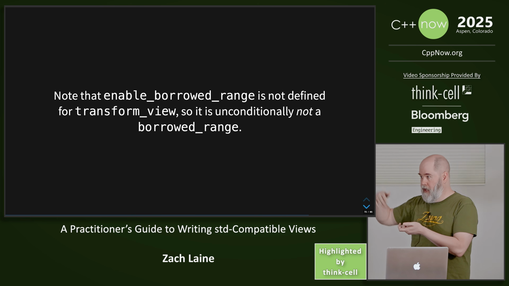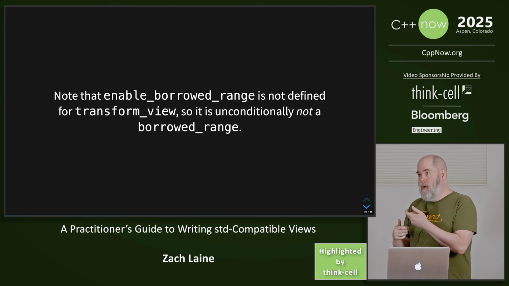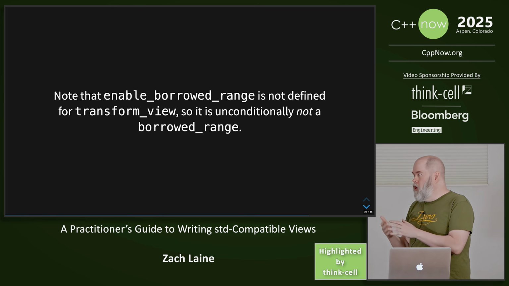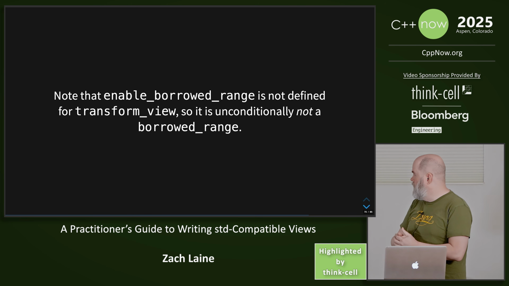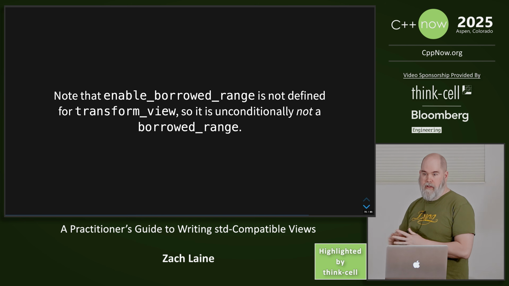And so you're in UB land, okay? So there's no good reason why it couldn't actually be turned into a borrowed range for some cases, especially certain classes of F that have no state, right? And there was actually a paper that Jonathan and I wrote that was trying to fix that, but the way it's specified is in such a way that it's never borrowed.